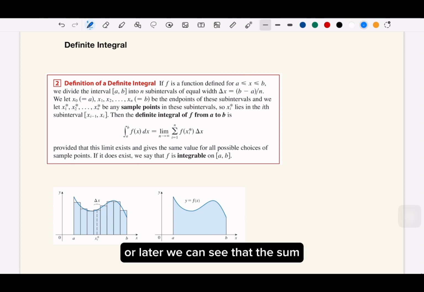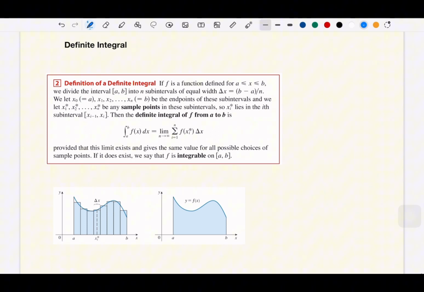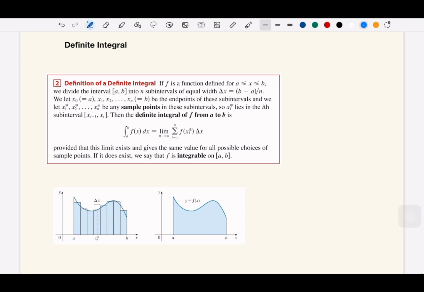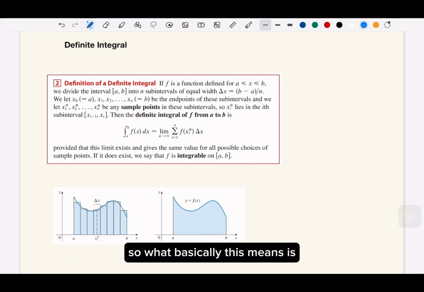Later we can see that for the sum, we can use several methods for calculation or numerical methods. Basically, if we want to evaluate this whole area, we can define this area with some rectangles.